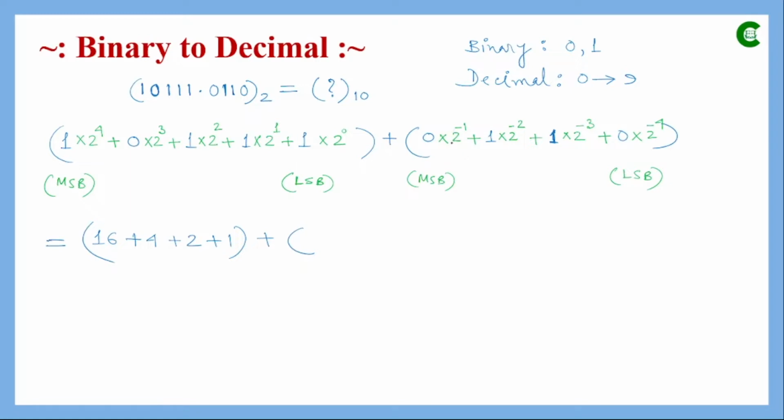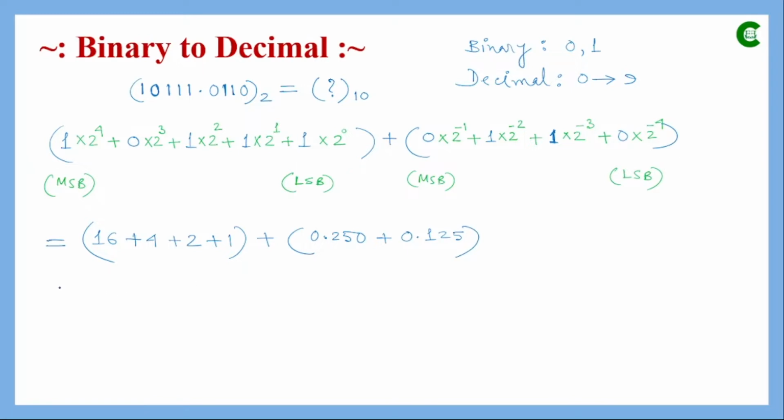It will be 1 by 2 multiplied by 0, so that term will vanish. Next it is 1 by 4, and 1 by 4 in fraction is 0.250. Next 2 to the power minus 3 means 1 by 2 to the power 3, 1 by 8, which in fraction is 0.125. Then it is 2 to the power minus 4, but since this digit is 0 this term will vanish.